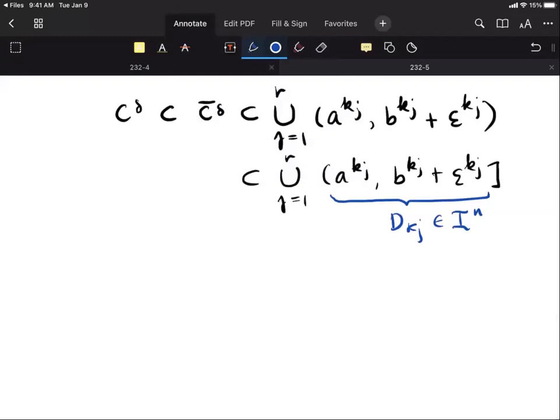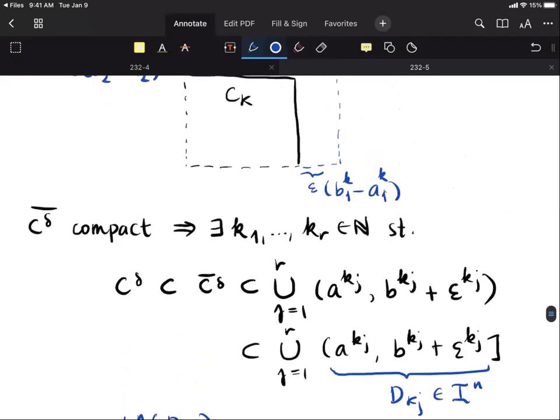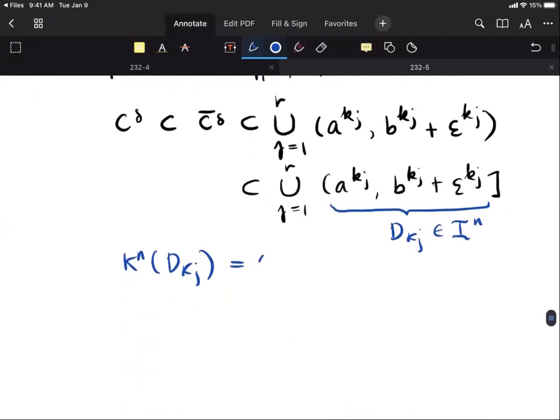And if you take the elementary content of D_{kj}, by a simple calculation you could verify that this is 1 plus epsilon to the n times the content of C_{kj}.